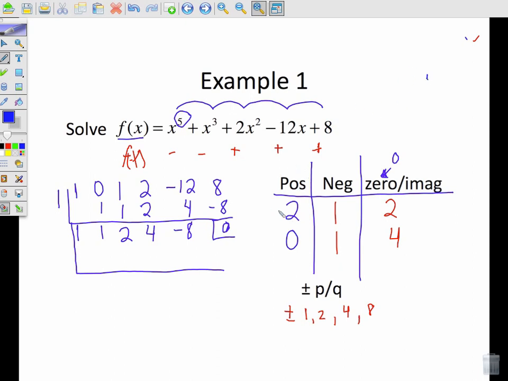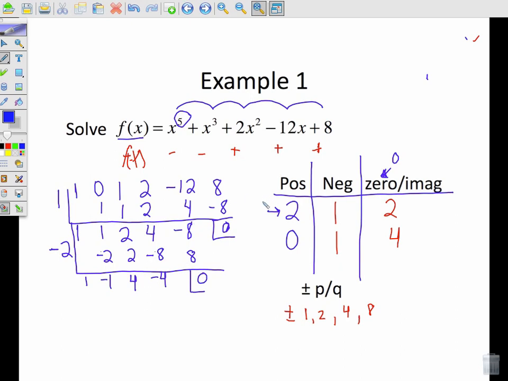Now if I have 2 positive or 1 negative and 2 imaginary, I've already found one of the positive, which means I also have a negative. Maybe what we do is we try another number in our list here. Let's try negative 2. Bring down the 1, multiply, add, multiply, add, multiply, add, multiply, and I actually get another remainder of 0.